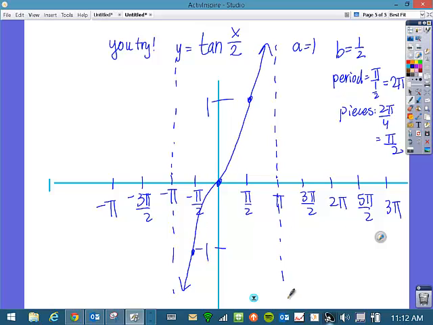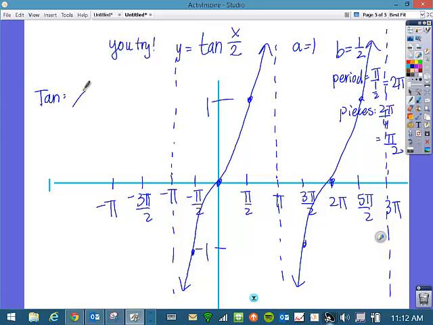And so then you're also going to have an asymptote at 3 pi. So start at the bottom, go to the middle, go to the top. It looks like that. So tangent functions point up towards the right. Cotangent functions point up towards the left.